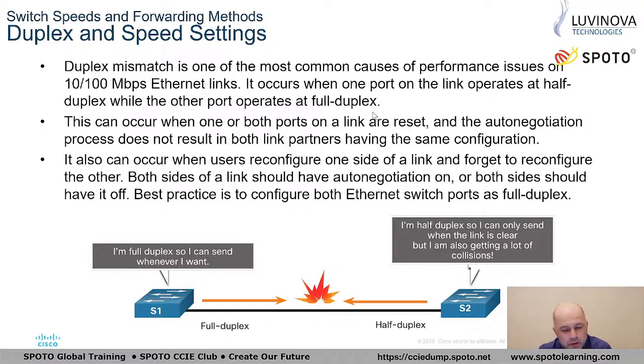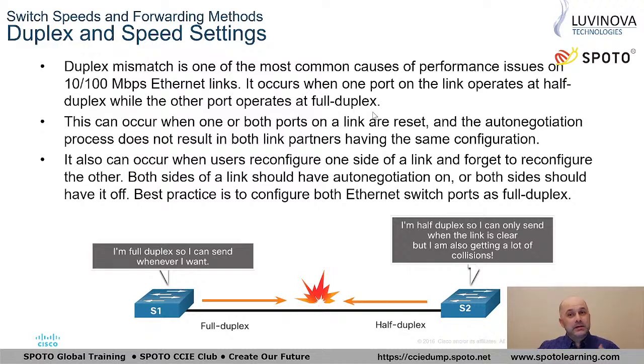It can also occur when the user reconfigures one side of the link and forgets to reconfigure the other side. So basically, everything you have to do is check that both sides are using the same duplexing. If it's full duplex, both sides must use full duplex. If it's half, both sides must use half duplex.